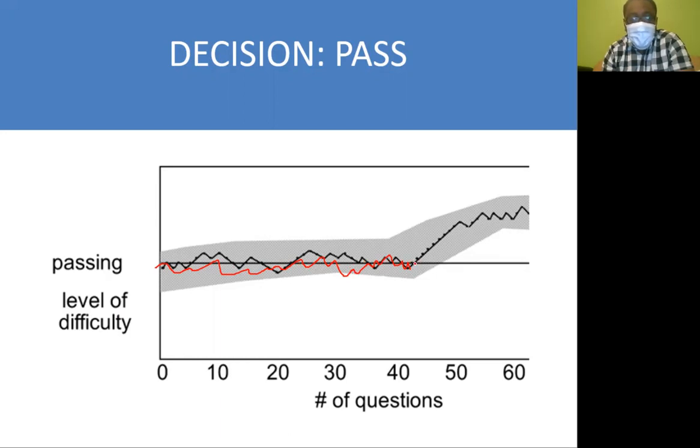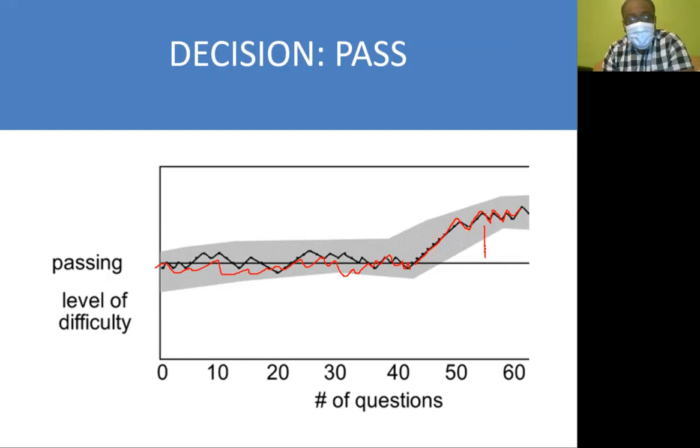He's able to go above the minimum competency, fail, got it right, failed, got another one right, failed. And now you can see how far away he is from the passing level. He's able to put a string of 8 to 10 correct answers together, and that's what took him way, way above the passing level.